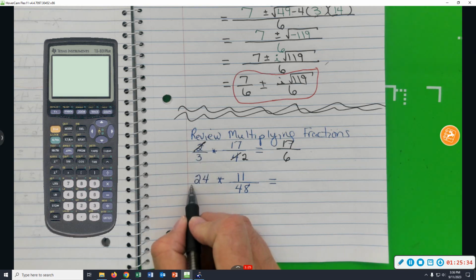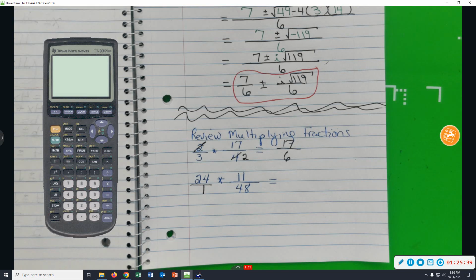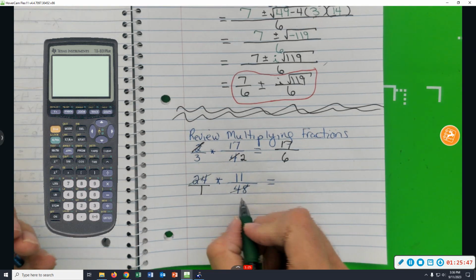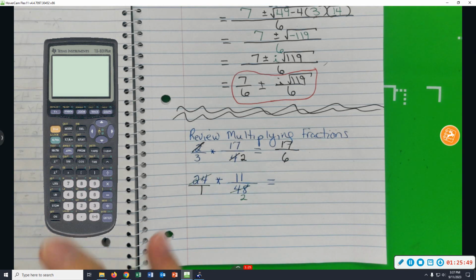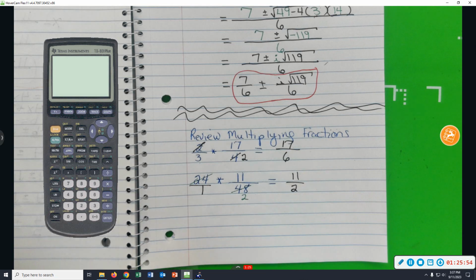Think of it as 24 over 1. Now let's see, can we do the cross-canceling? What would we have? Okay, 11 over 2 is the answer. 24 goes into 48 2 times. So we'd have 11 over 2. What I'm reviewing here is this idea of cross-canceling.